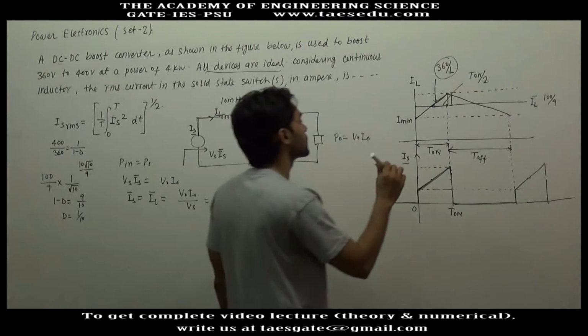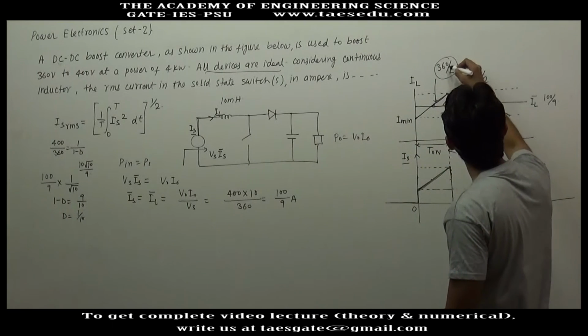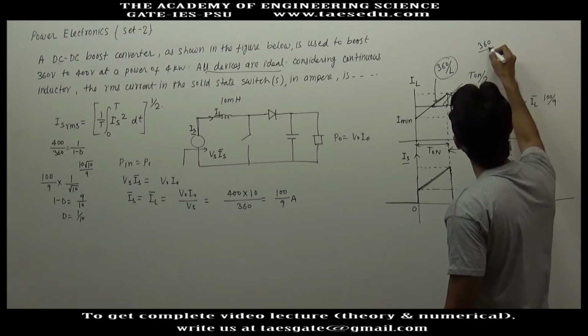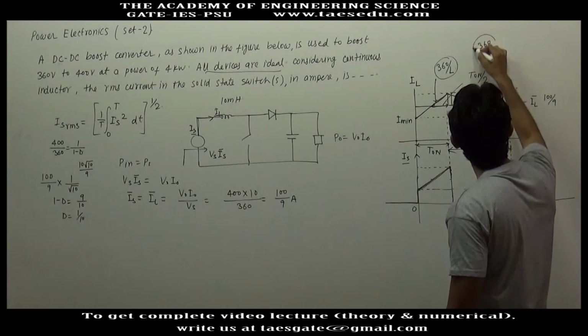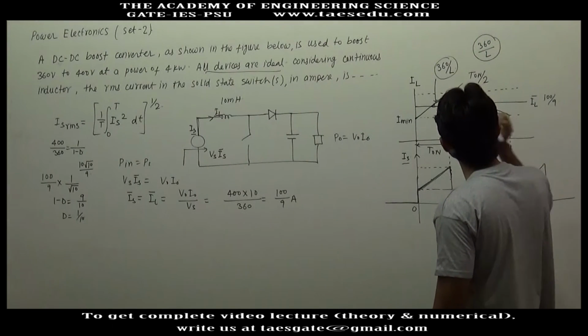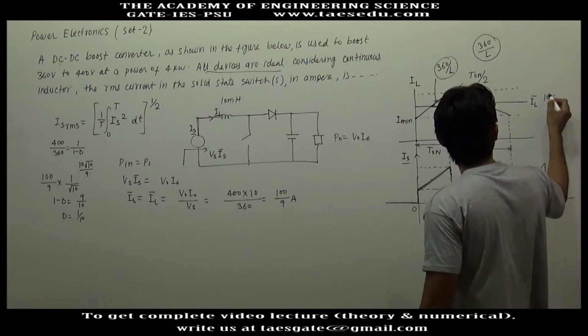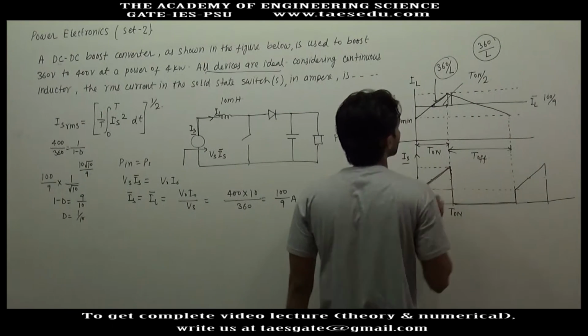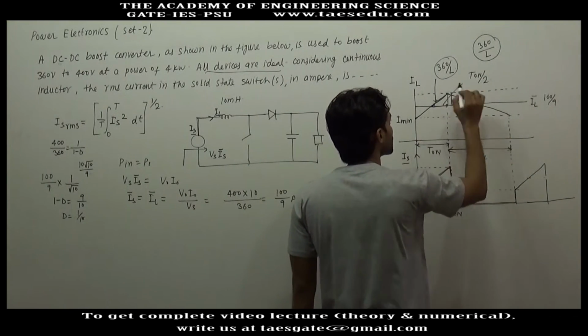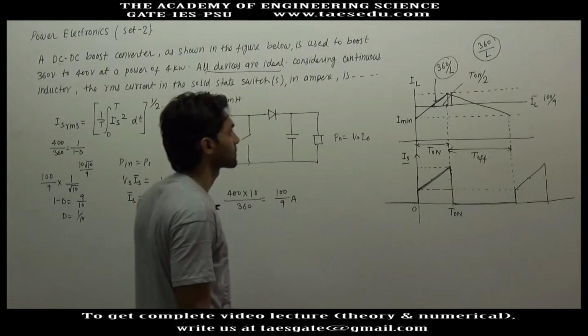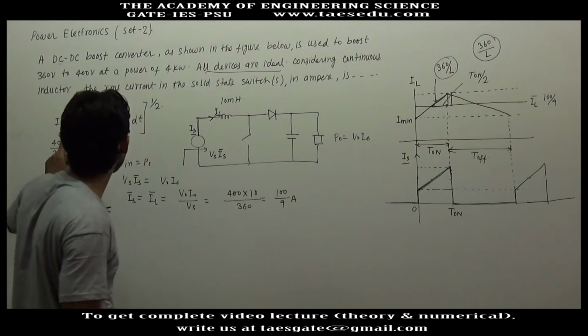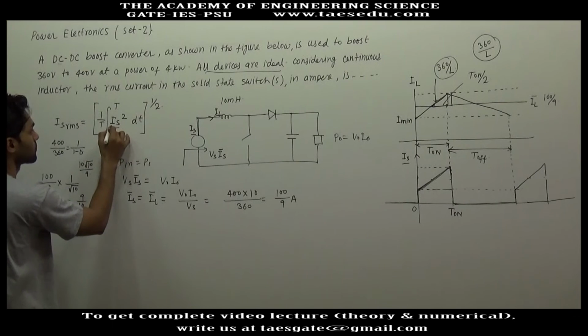So the slope of the line can be calculated, 360 divided by L. This point is 100 divided by 9. So the equation can be found out. Let's say you have found the equation of is.